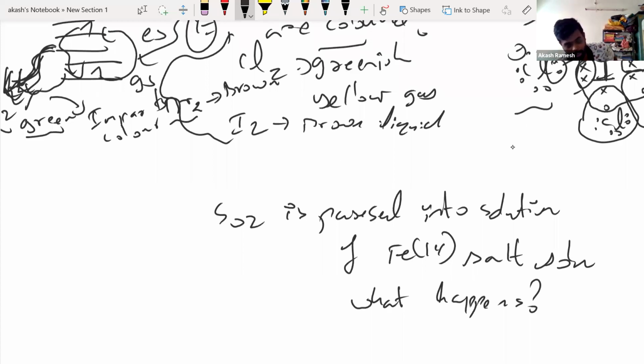Okay, group 3, it's your question. What happens when SO2 is passed into a solution which contains an Fe3 plus salt? Basically, you have to give me the reaction. What happens?